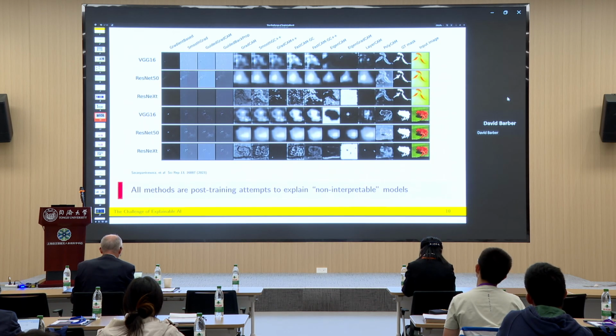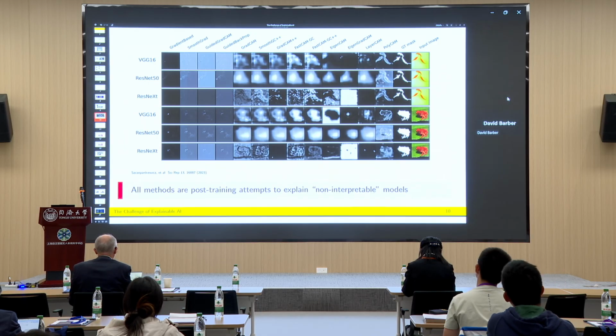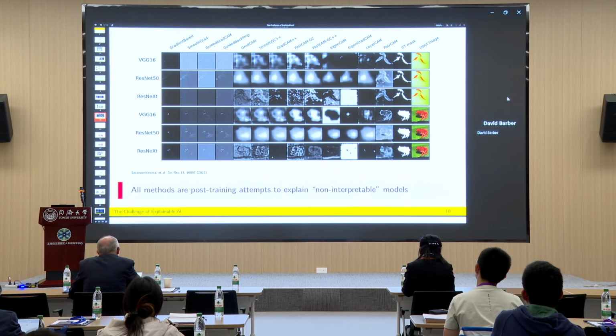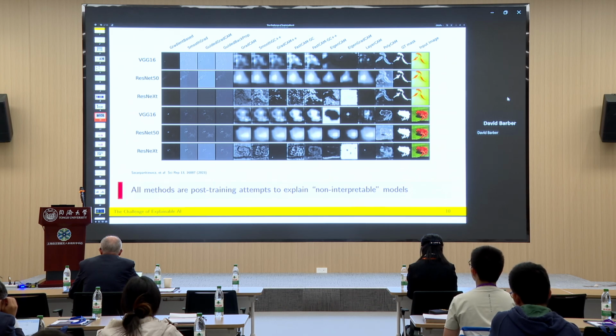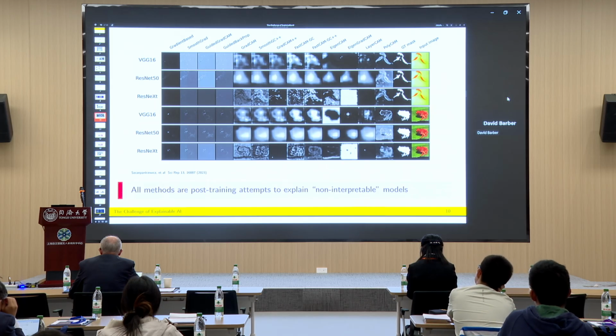Indeed, there have been studies that suggest this challenge is not restricted to just one or two approaches. Here's a paper from a couple of years ago that compared a whole host of different post-training image interpretation mechanisms. Just to give you an understanding of what's going on here, the first column is the input image, and the next column along is the ground truth as to what's explaining that. So in this case, there are some fish here, and this is where the fish are.